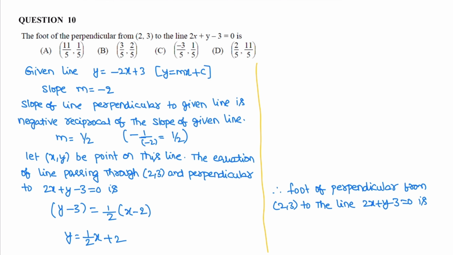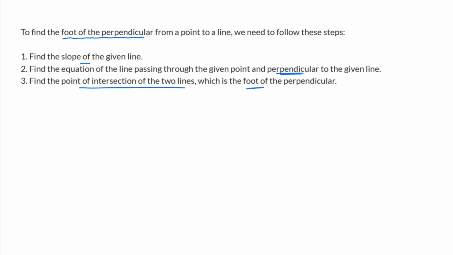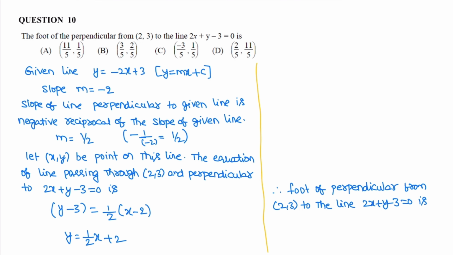Now we need to calculate the point of intersection of these two lines. This is line 1 and this is line 2. The point of intersection of these two lines: y is equal to minus 2x plus 3 and y is equal to 1 by 2x plus 2.